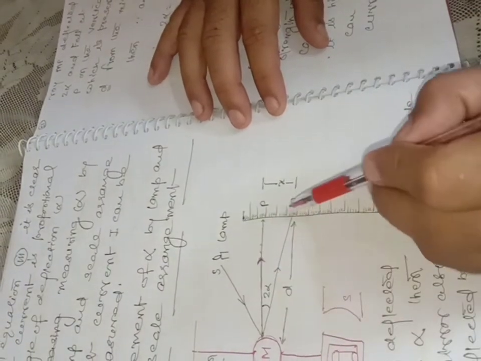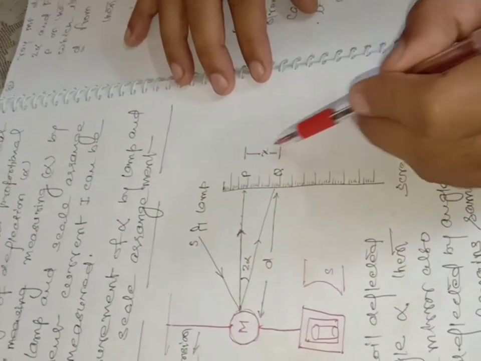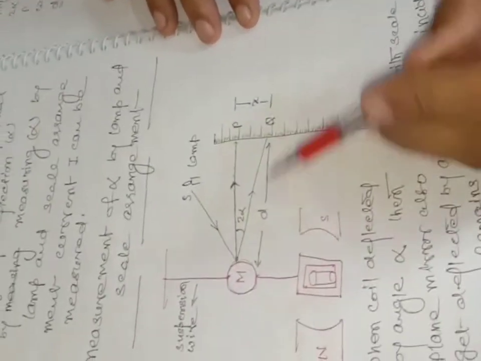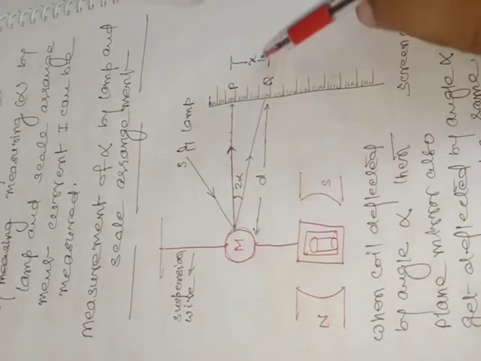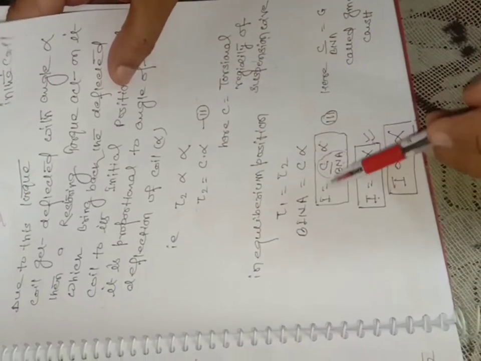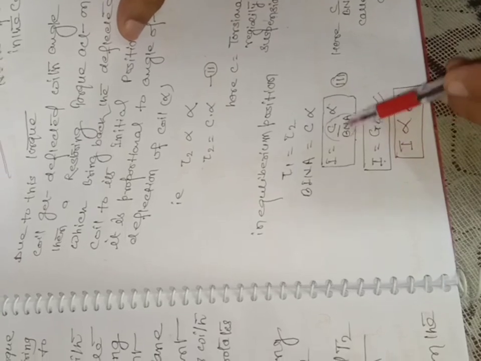See in this triangle PMQ, the angle is 2 alpha, this one is X, and suppose the distance between the plane mirror and the scale is D. It is fixed. So angle is equal to arc by radius, meaning 2 alpha is equal to X upon D. So alpha is equal to X upon 2D. So instead of alpha, put X upon 2D. It becomes I is equal to C X upon 2BNAD.